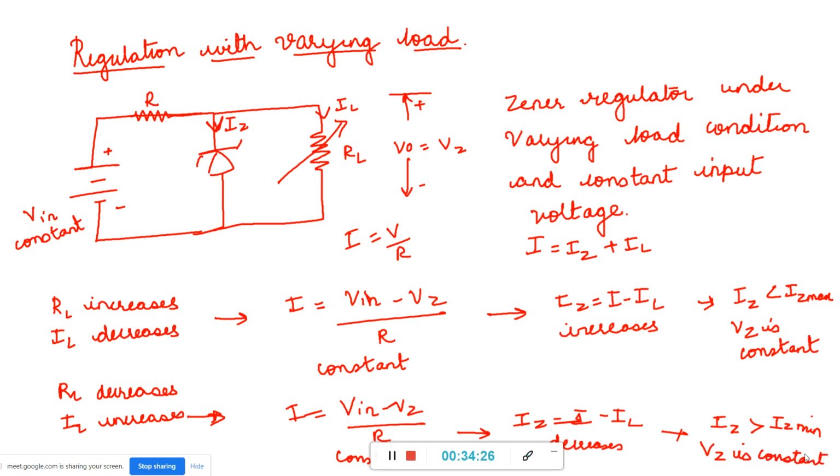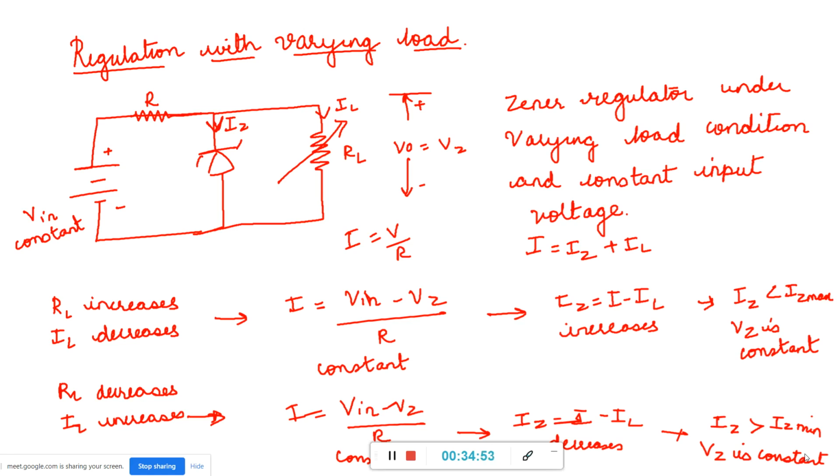So this is the explanation for the regulation with varying load. Even if you vary the load value and keep the constant input voltage, we get a constant output voltage. How? For certain conditions. The load resistance may increase, the load resistance may decrease. But if Iz satisfies two conditions, Iz is less than Iz max, then we get a constant voltage.